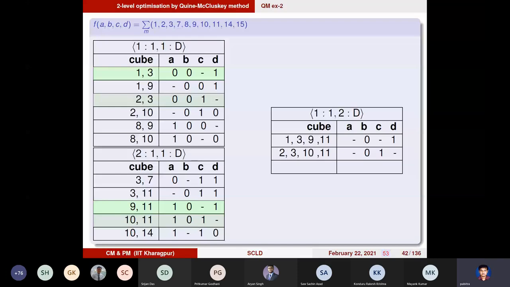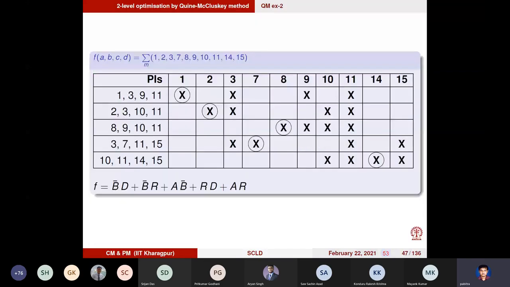Are they not complete? What are we missing? 7, 11, 15 is there. 3, 7, 11, 15, 10, 11, 14, 15. Are there more that can be formed? Let me check.